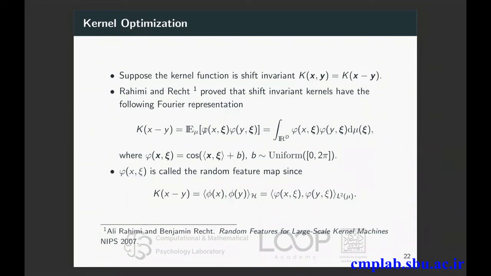These maps are called explicit feature maps. As you remember, I talked about a kernel as an inner product of two implicit feature maps. The idea of Rahimi and Recht is that you can approximate this inner product with an inner product in L2 space. And this enables us to do optimization over kernels.